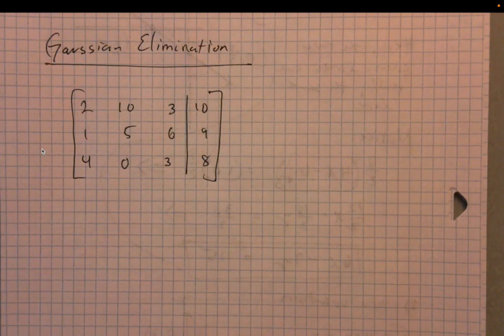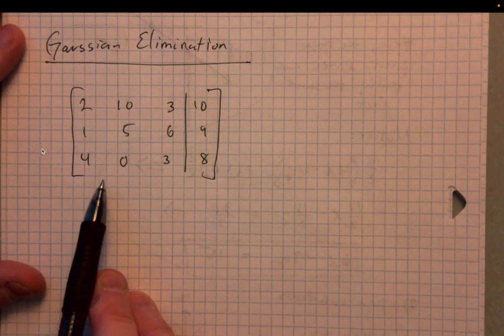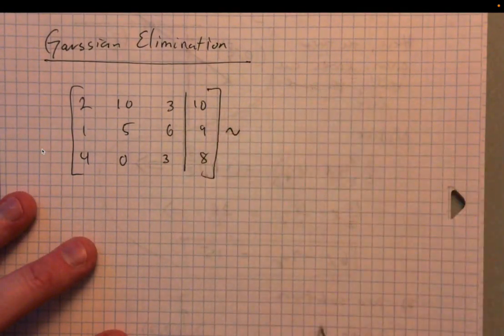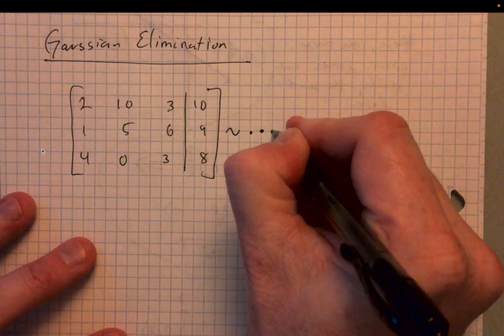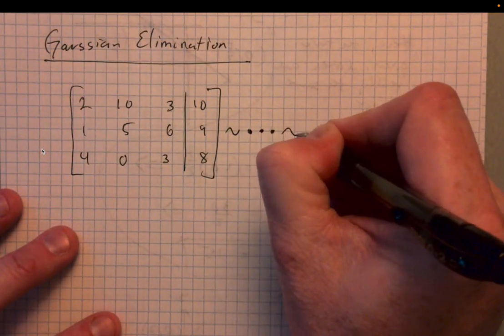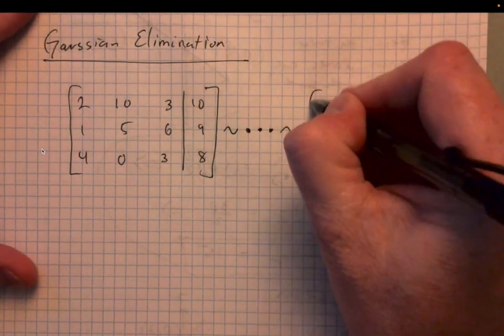Then what you want to do is kind of like traditional solving of equations in algebra. You start with an augmented matrix, and you want to do some things to it, which we'll get into in a moment, until the coefficients are replaced with simpler numbers that make the solution more apparent.